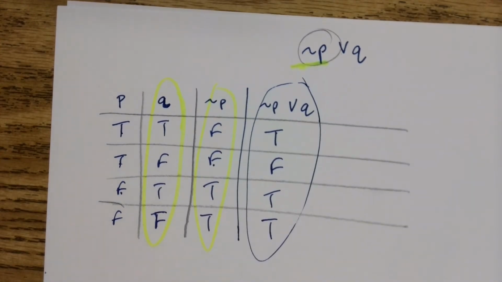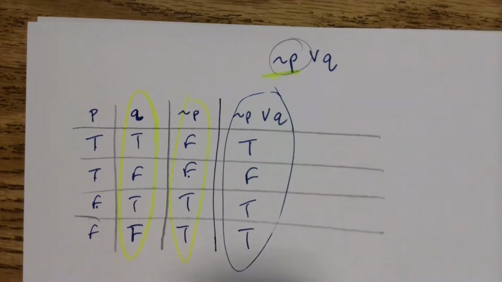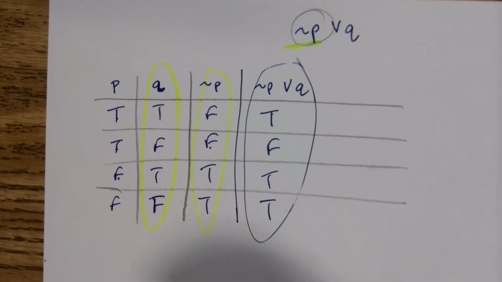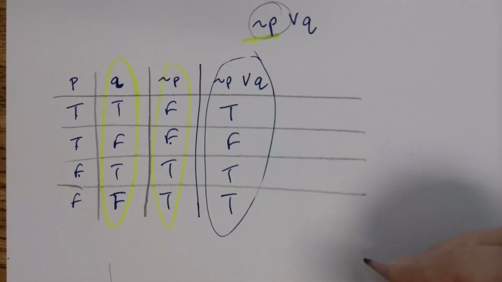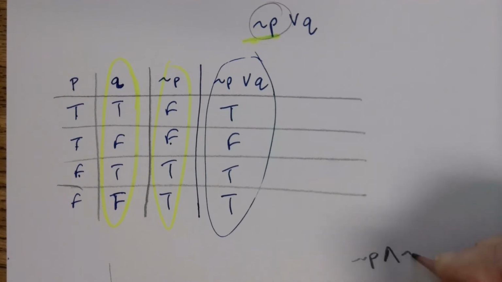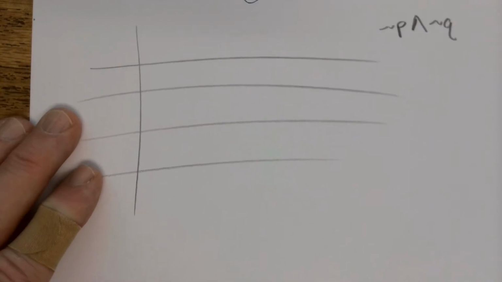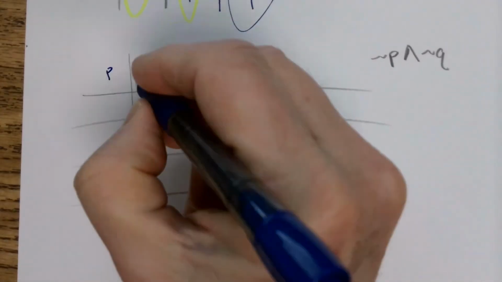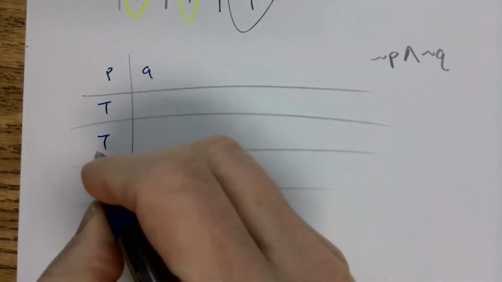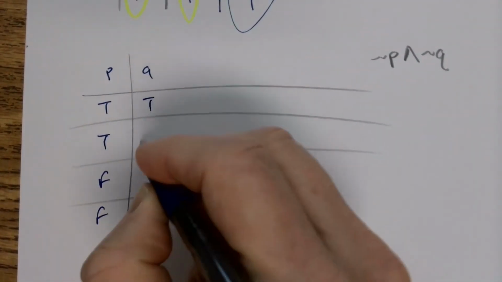They get better. How about if we asked for, let's ask for not P and not Q. Not P and not Q. Put the P and the Q: true, true, false, false, true, false, true, false.